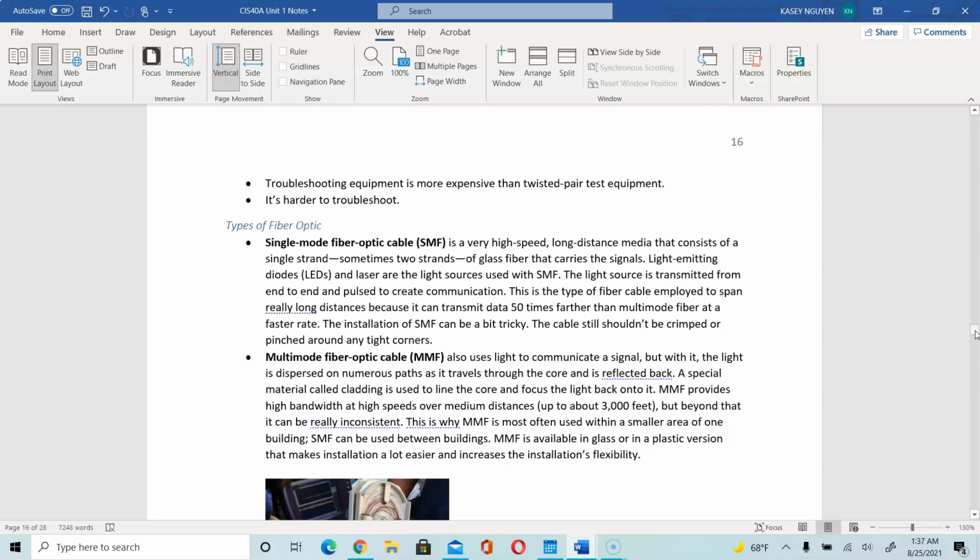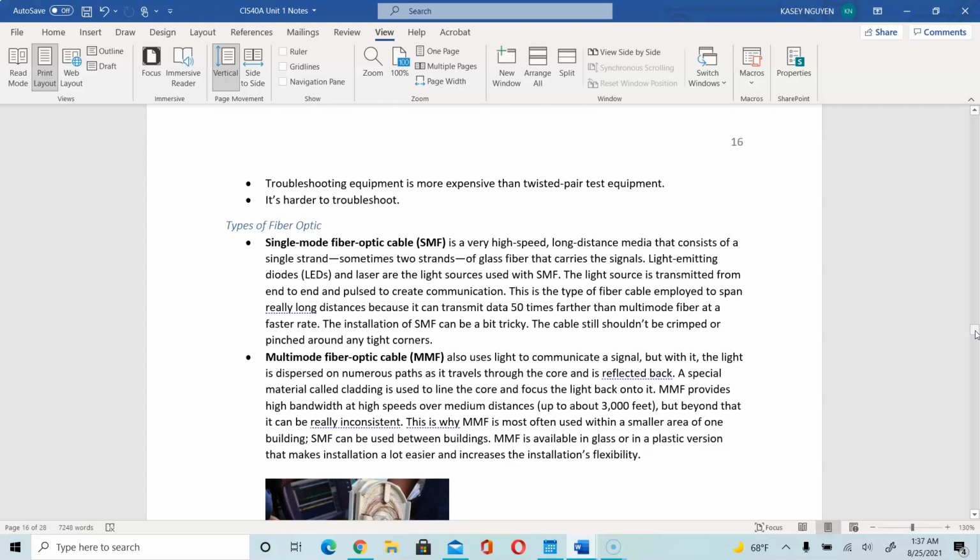So for the multi-mode fiber optic cable, the light is dispersed into different paths that it's going to travel. Multi-mode provides high bandwidth, high speed, and it can go up to 3,000 feet. So single mode is faster than multi-mode, but the distance for it is not as lengthy.